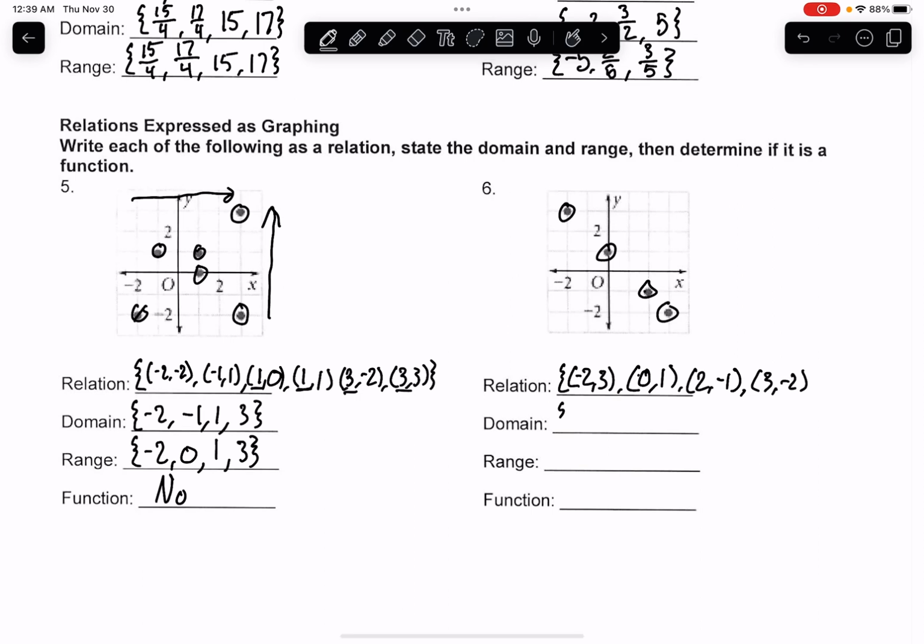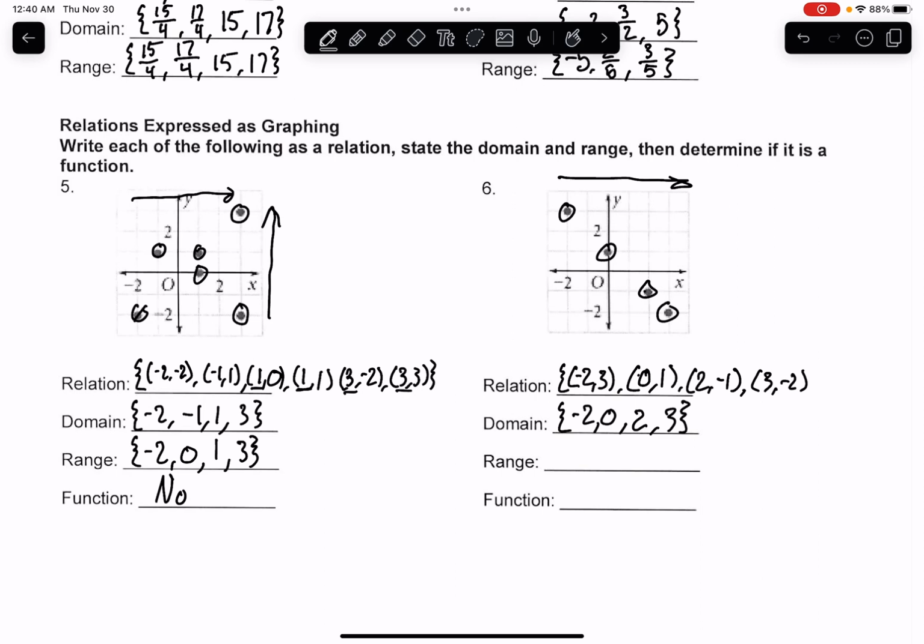All right, for our domain, that's our x values. So I'm working from left to right here. So smallest, -2, then 0, then 2, then 3. It's my domain, just my x values.